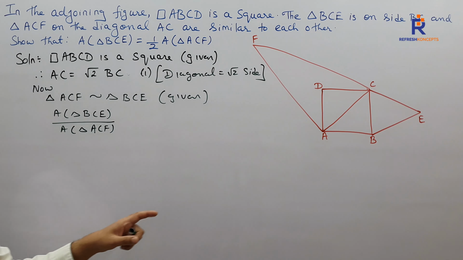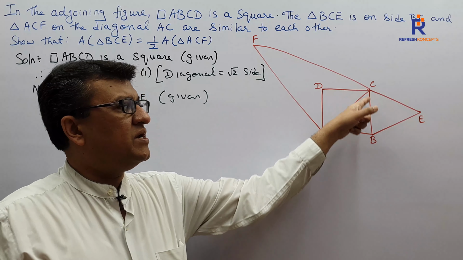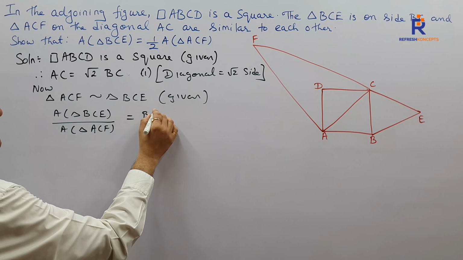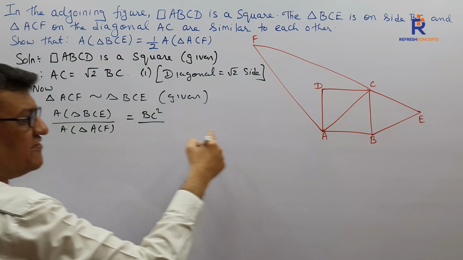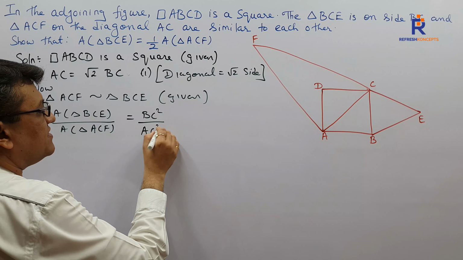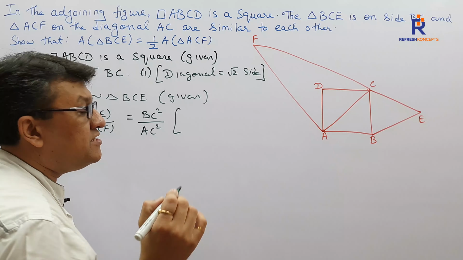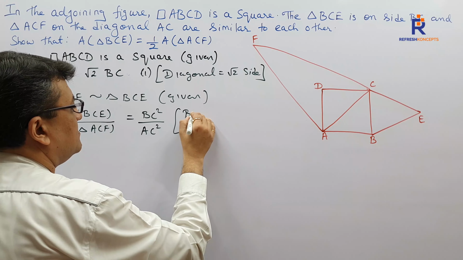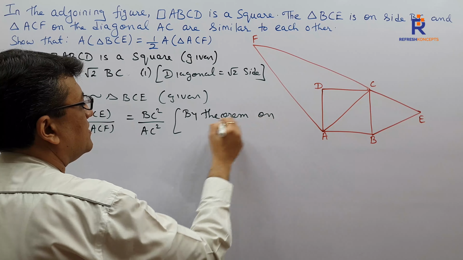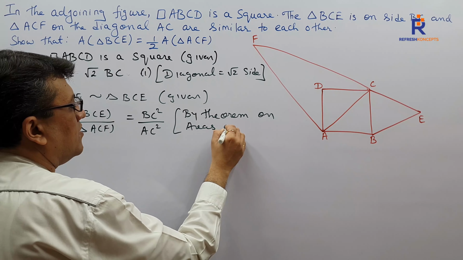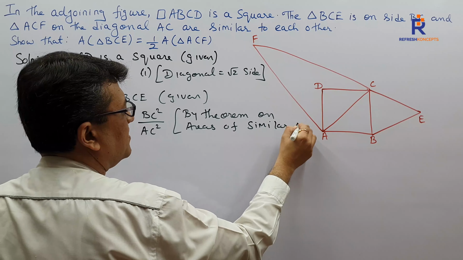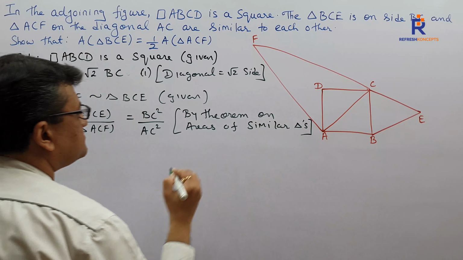When I say BCE, BC is one of the sides, so I shall say BC square. When I say ACF, I take AC as the side, so AC square. By what theorem, children? By the theorem on areas of similar triangles.